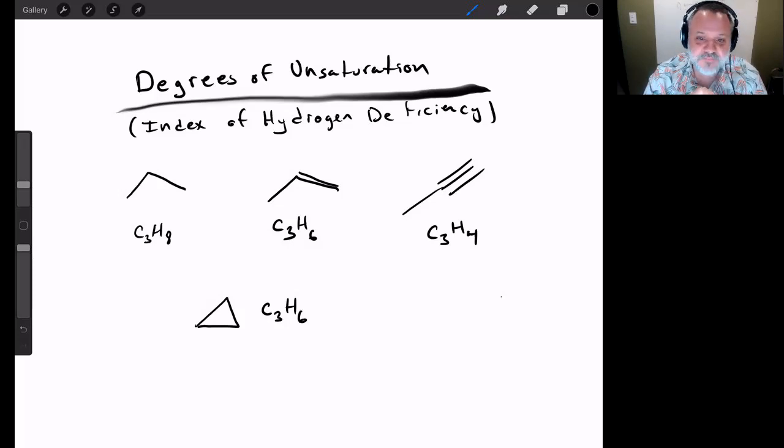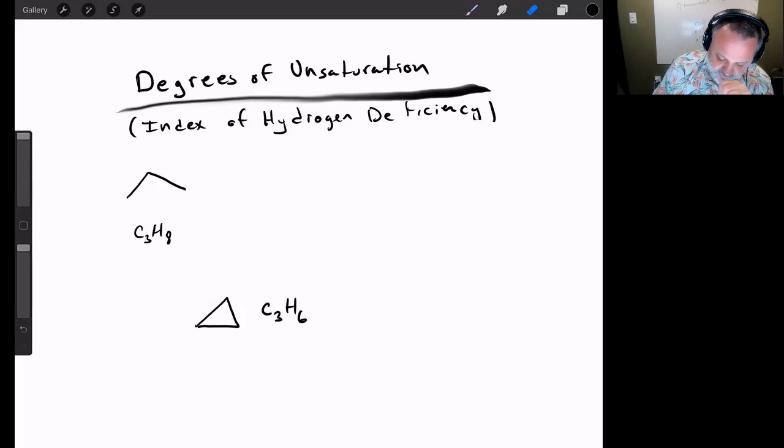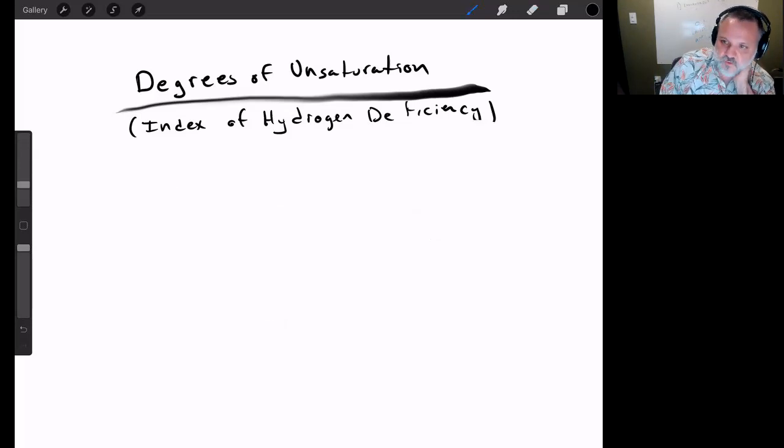I digress. Anyway, so the degrees of unsaturation help elucidate what possible structural motifs are in a particular chemical formula. And so let's get rid of the possible structures and let me write down this formula.